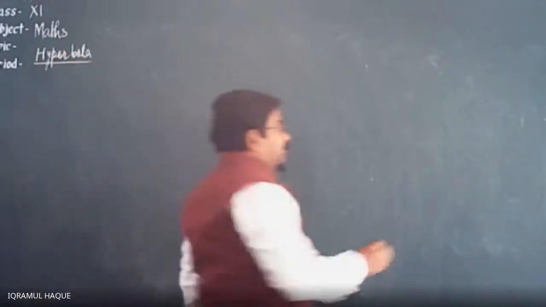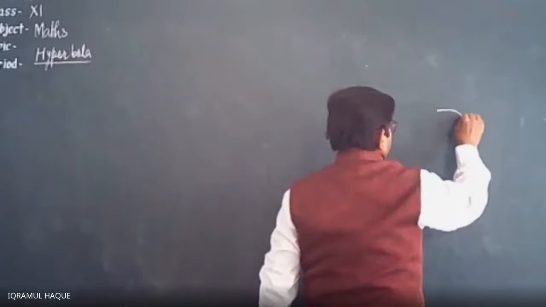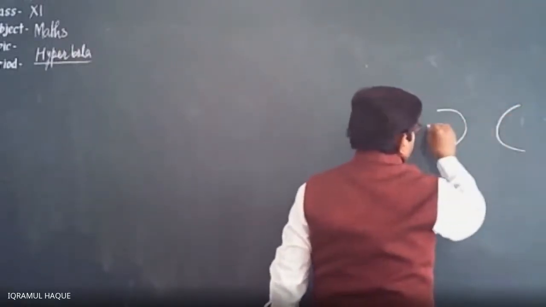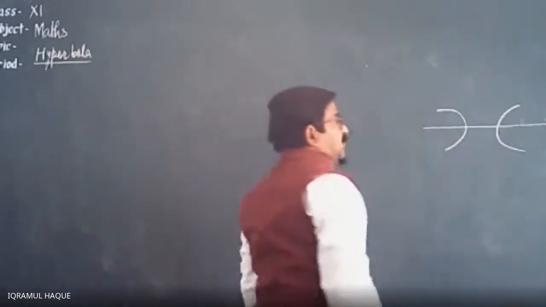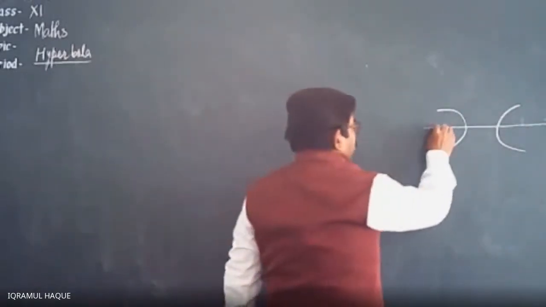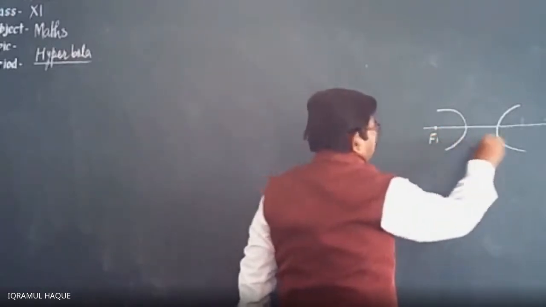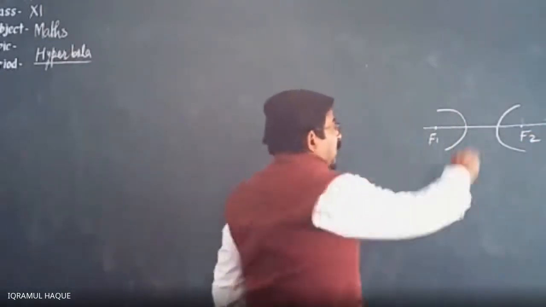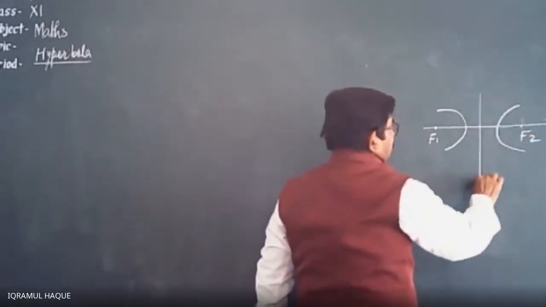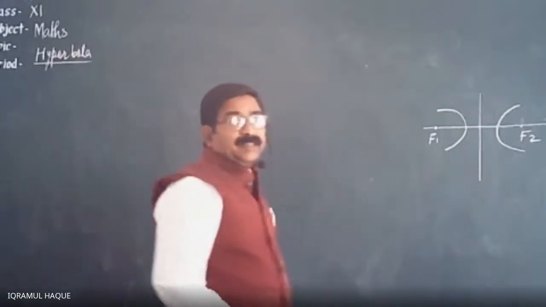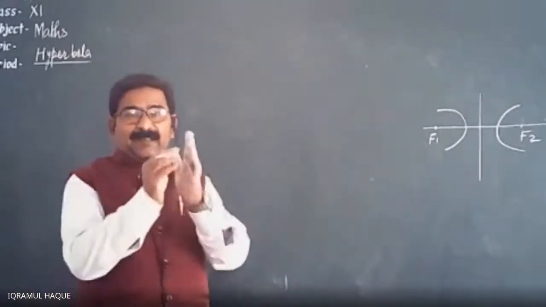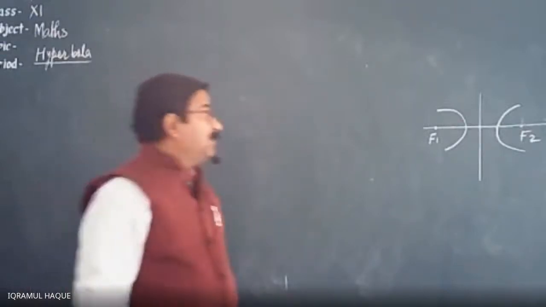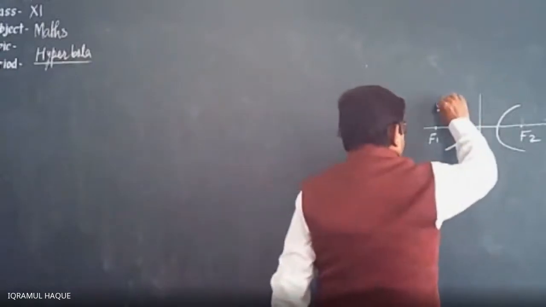See its figure. Like this. Here also we have foci F1 and F2. This one is the axis. Just imagine the ellipse has been cut into two pieces and reverted like this. The same figure.